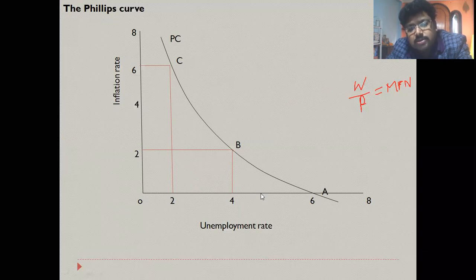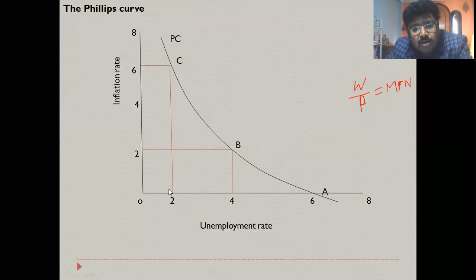As I have mentioned, as there is an increase in demand in the product market, the price of the goods will increase, and real wage will fall. As there is a fall of real wage, the firm or producer will hire more labor. Okay, so in that way, there is a fall in the unemployment rate, but there is inflation. 2% inflation is there.